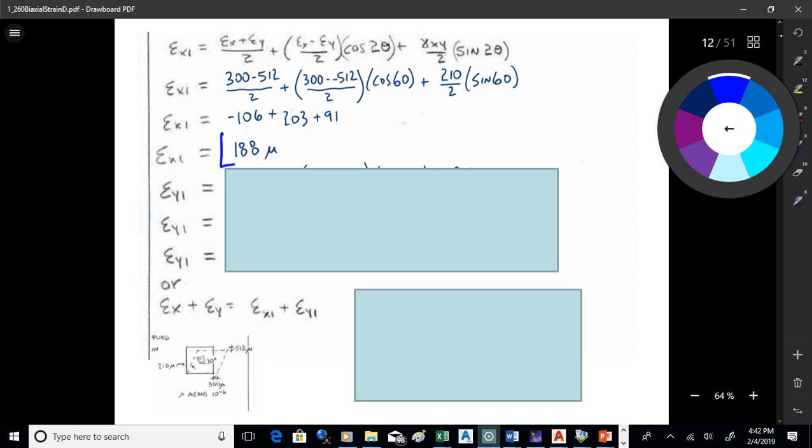Run the numbers and you get the strain in the x1 direction at 30 degrees. It's 188 micro, where micro again means times 10 to the minus 6. I just plug in the micro at the end. I don't bother carrying it through because that equation is messy enough.